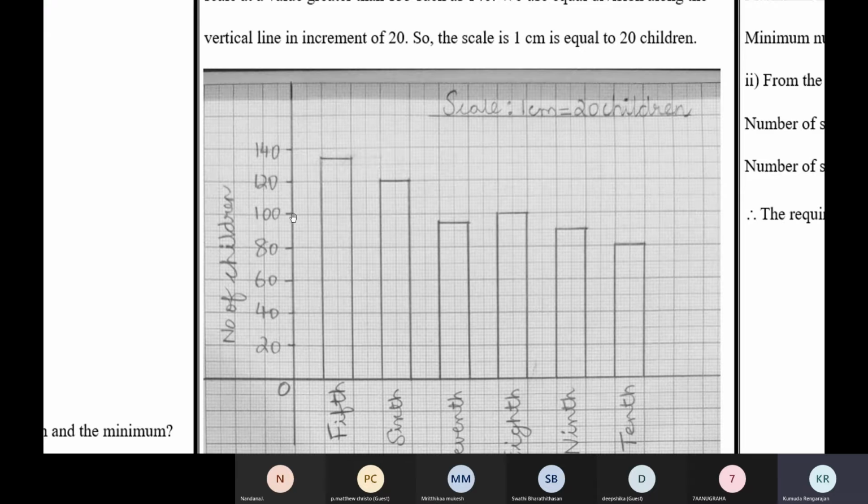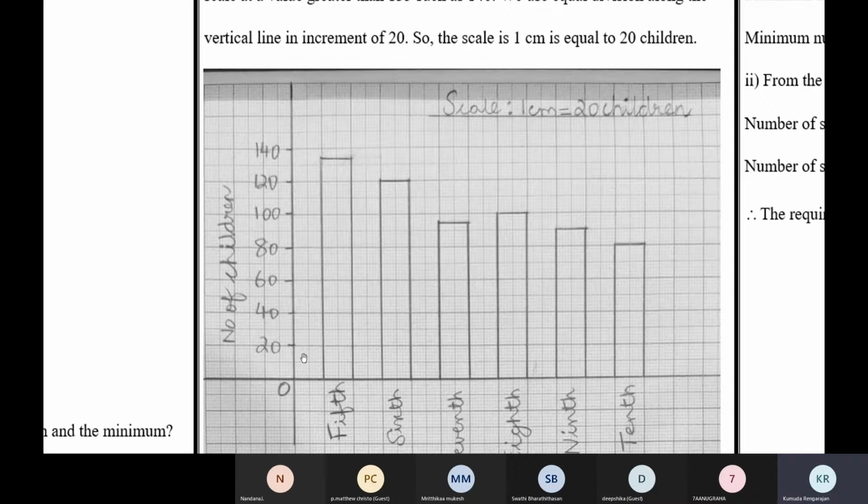Now count after 100: 102, 104, 106, 108, 110, 112, 114, 116, 118, 120, 122, 124, 126, 128, 130, 132, 134, 136, 138, 140. So between the numbers, you'll have to skip count in twos.